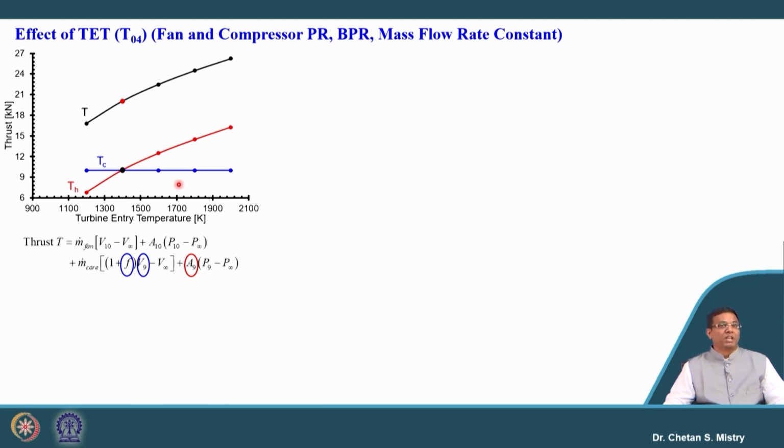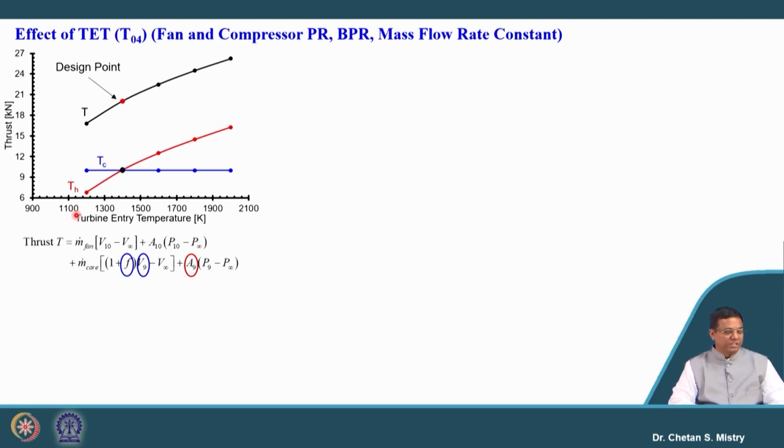Majorly what is happening is the change of hot thrust. So, if we are increasing the turbine entry temperature, we will have hot thrust to be higher, and that is the reason my total thrust will be higher. When we move with the turbine entry temperature to be lower, it says something else. It says my hot thrust is going to decrease.